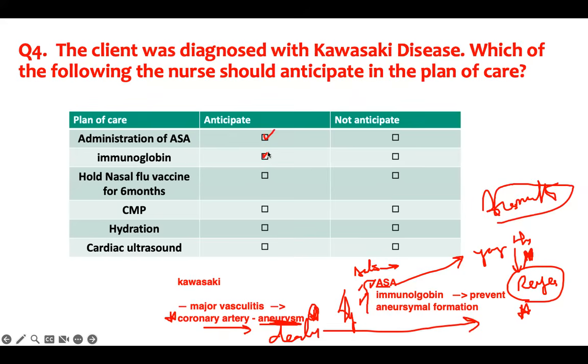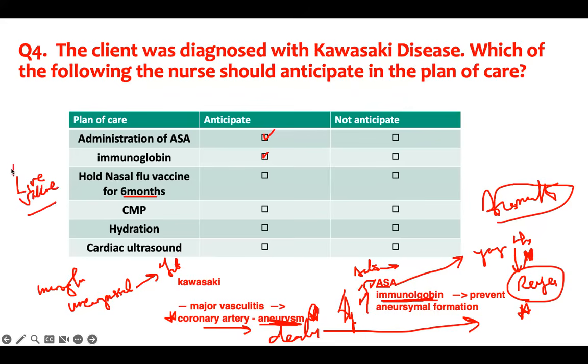So administer aspirin, anticipated. Immunoglobulin, anticipated. Hold nasal flu vaccine for 6 months. The immunoglobulin, it will make them immunocompromised. So immunocompromised, that means they are like somebody getting chemotherapy. They are at risk of infection. So you cannot give them a live vaccine.